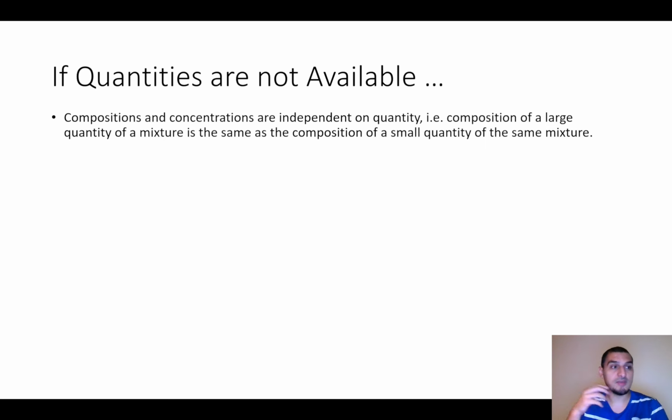So you have the same water in the sea and in the cup, but the cup is a small amount and the sea is a big amount, and you want to calculate the mass fraction of the salt in water in the sea and in the cup. What you'll find is that it's the same for both.